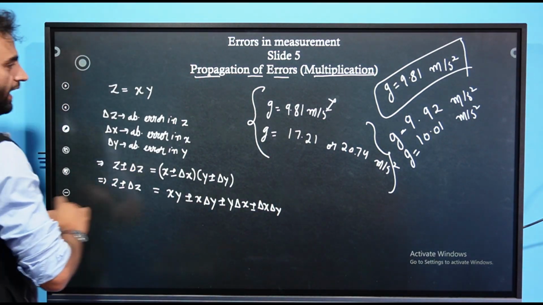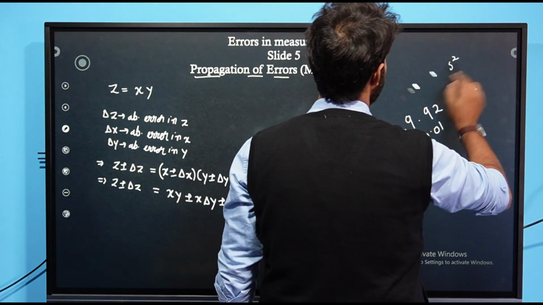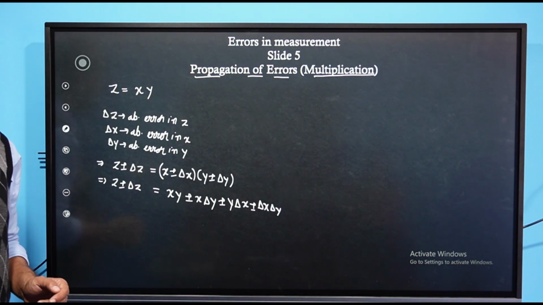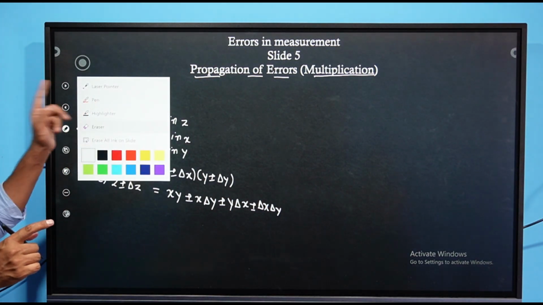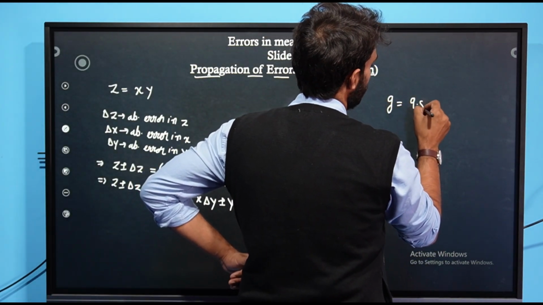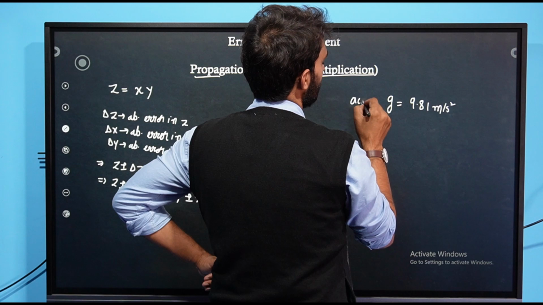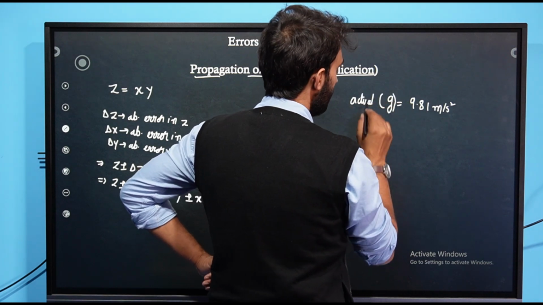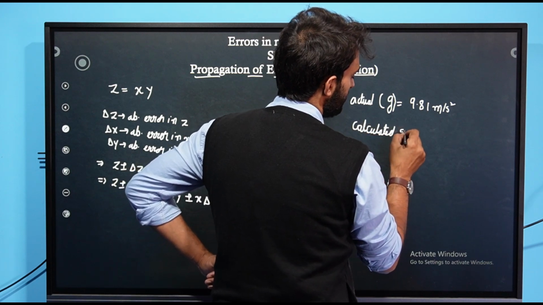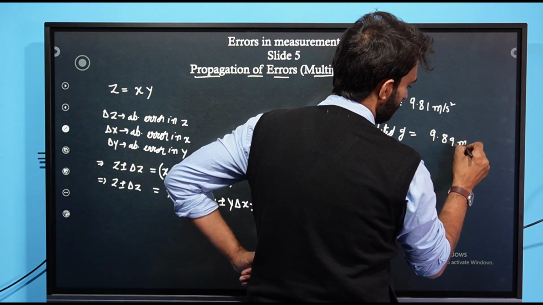Okay, so now let me give you another example to understand this concept, because I'm going to leave this delta x delta y over here. Now you need to understand why I did that. Let us suppose the value of g is 9.81 meter per second square. Okay, so this is the actual value. Now let us suppose the calculated g comes out to be 9.89 meter per second square.